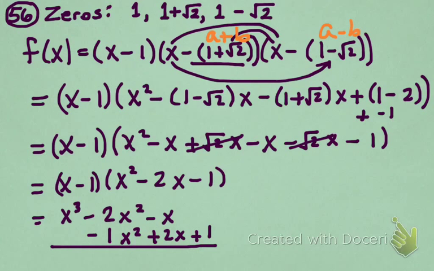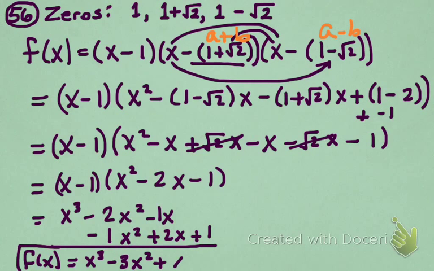And then when I combine my like terms, I get my final polynomial. So I get f of x equals, and we'll do this like a little answer box down here, x cubed, and then minus 2x squared minus 1x squared would be minus 3x squared, and then minus 1x plus 2x would be plus x, and then plus 1.